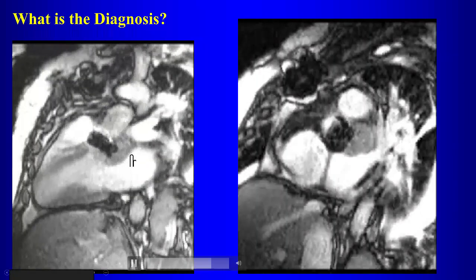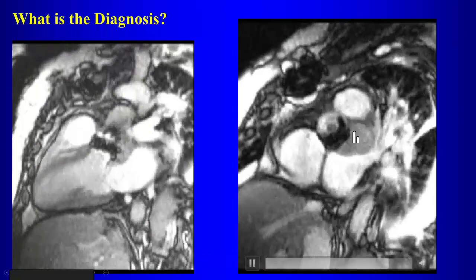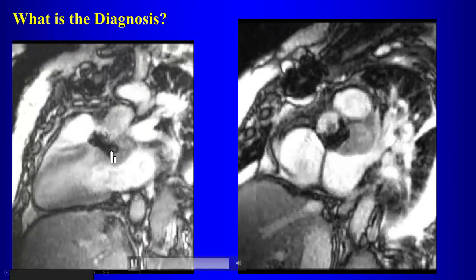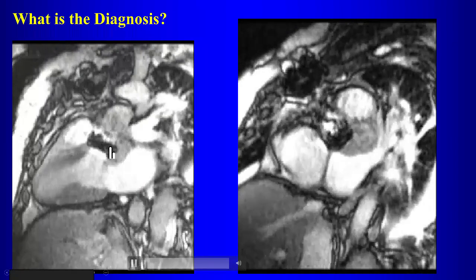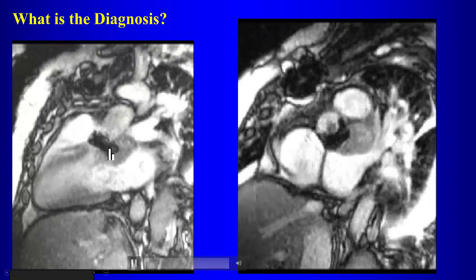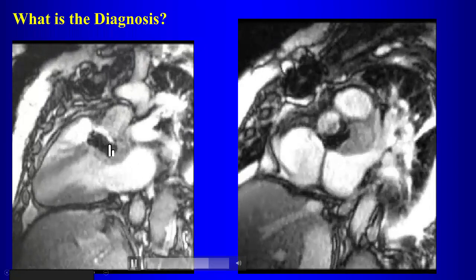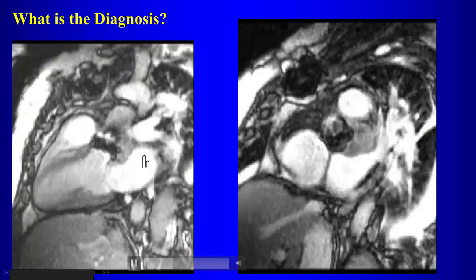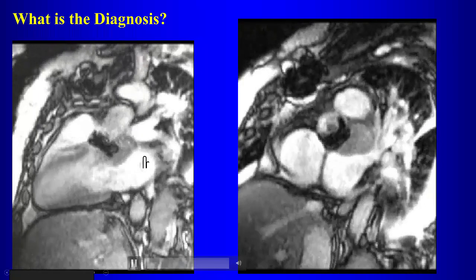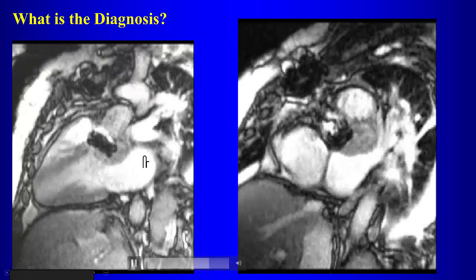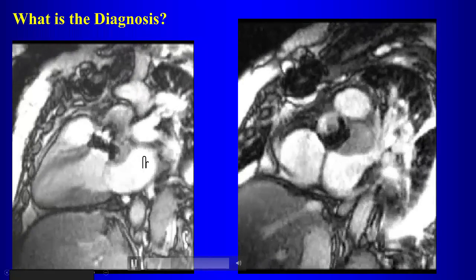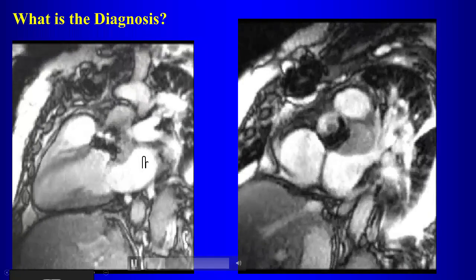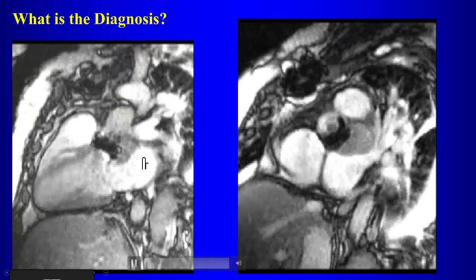Right? So here's a patient who has very dark stuff here on the aortic valve. So when we see something like this, what could cause this? What gives you this appearance when you have all this signal dropout along the aortic valve? What could do that? Mechanical valve. Sure. I mean, the obvious one is that there's a mechanical valve replacement, right?